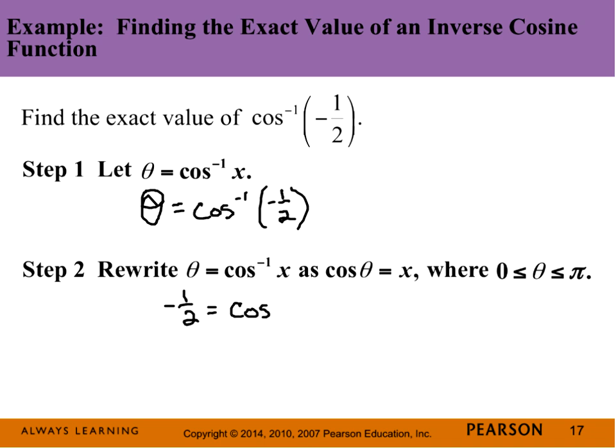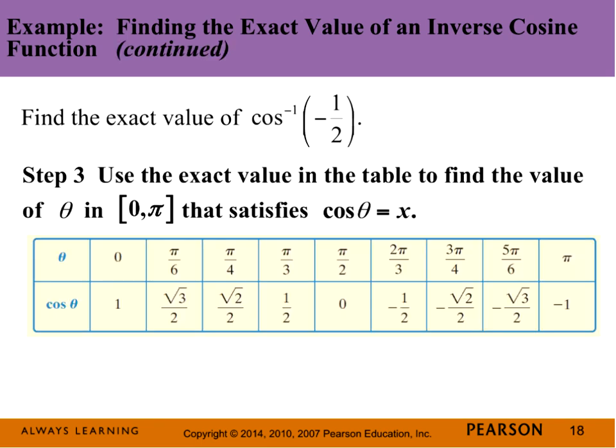Cosine inverse of -1/2. And now we're ready to flip-flop. This says -1/2 is equal to the cosine of theta. And now we're going to check our table to figure out, well, what value of the angle theta is -1/2?